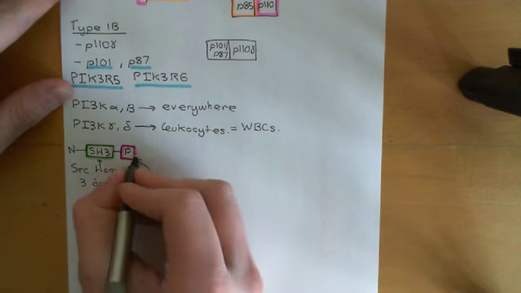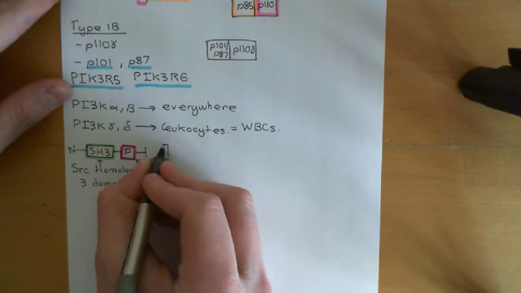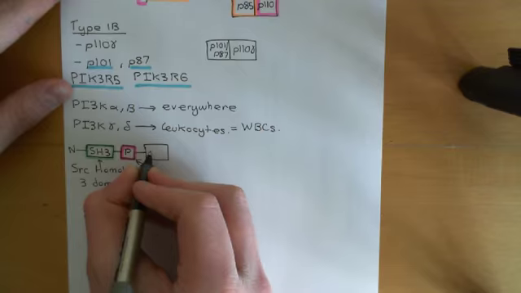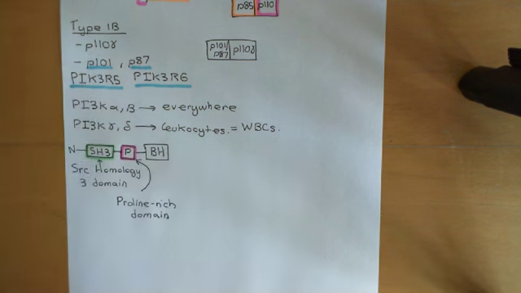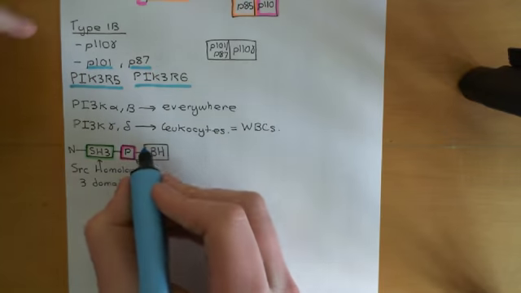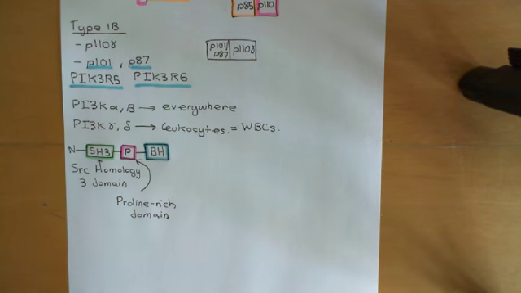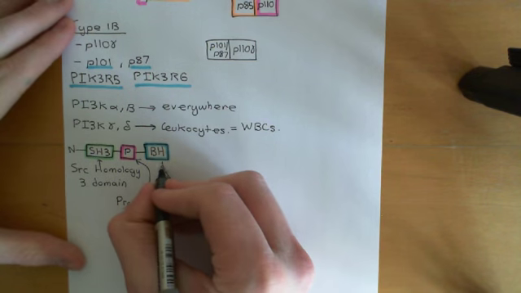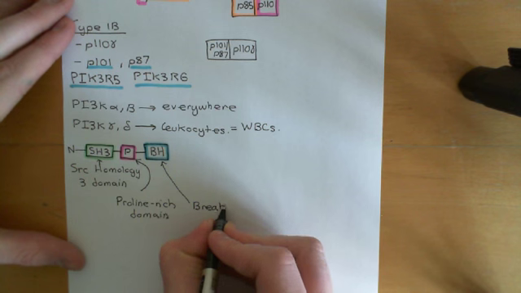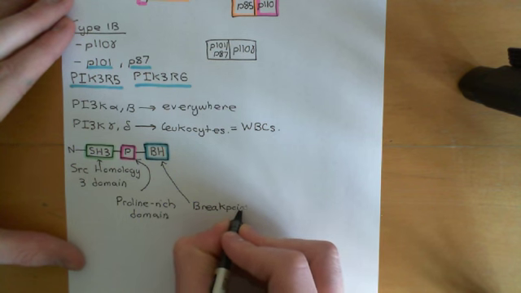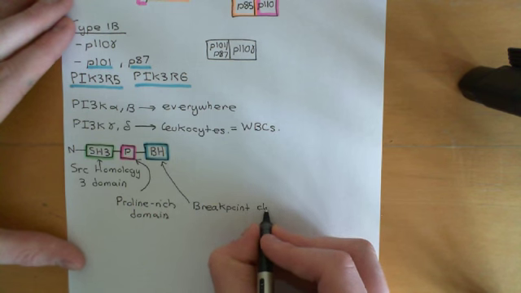Okay, right, then the final domain that's in this little extension out the front that you have in P85 alpha and P85 beta, but not in the other three, is what's known as a breakpoint cluster homology domain. Okay, BH domain, which I'll colour in blue here. Okay, so BH stands for breakpoint cluster homology domain, and again it's a domain that you find in many different proteins, and the function of it here isn't fully understood yet.